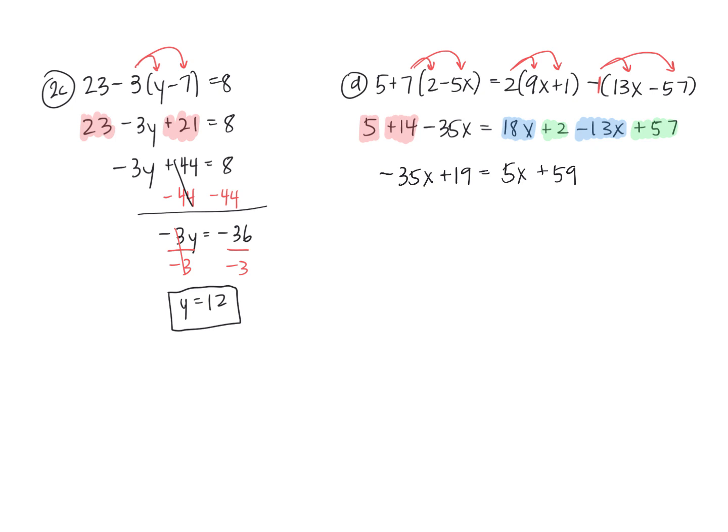Now we'll move our x's to the left. So minus 5x from both sides. And I would move my constants to the right. So minus 19 from both sides. So that'll give us negative 40x is equal to 40. Divide by negative 40. And we'll get x equals negative 1.